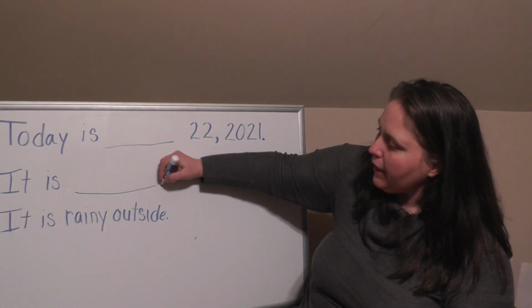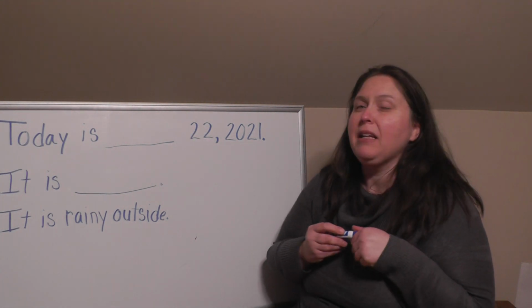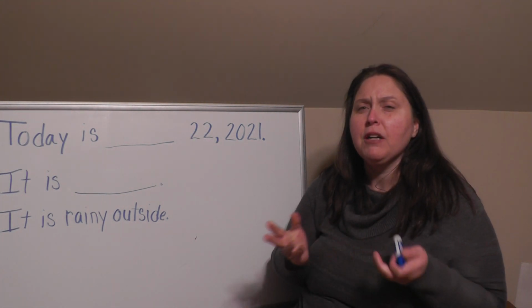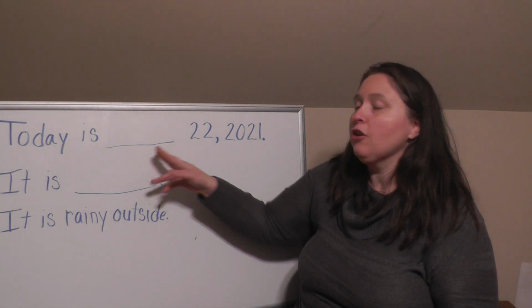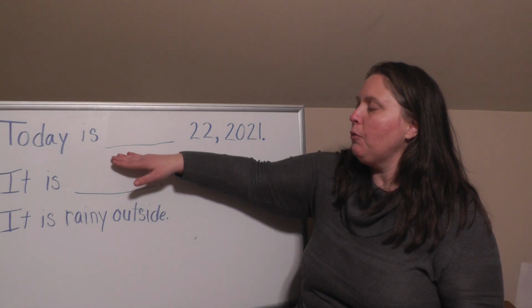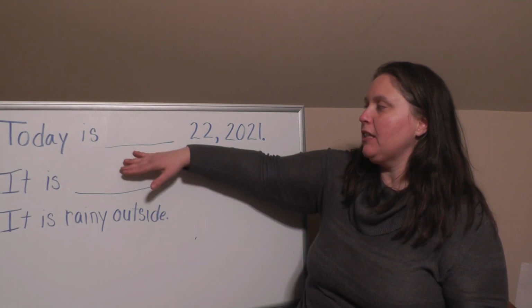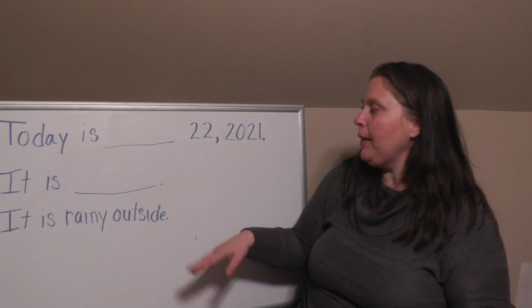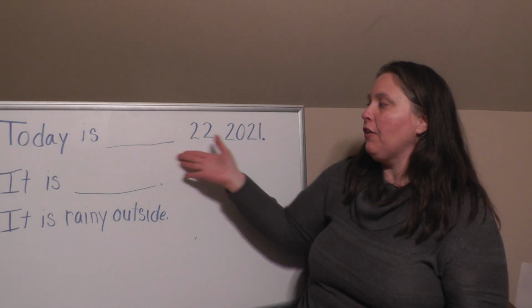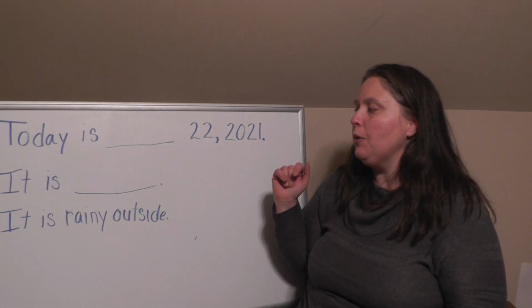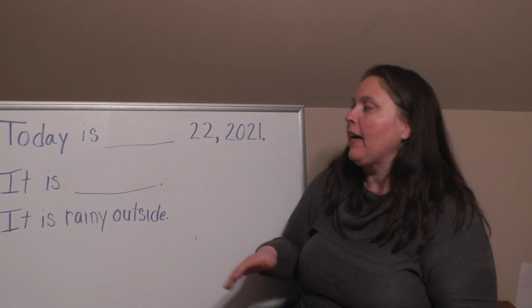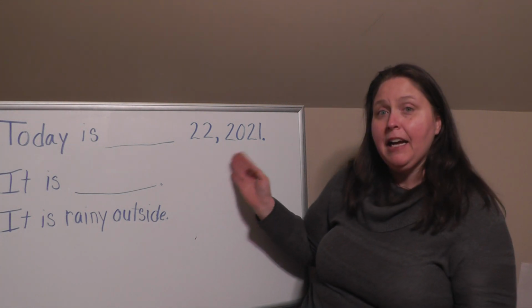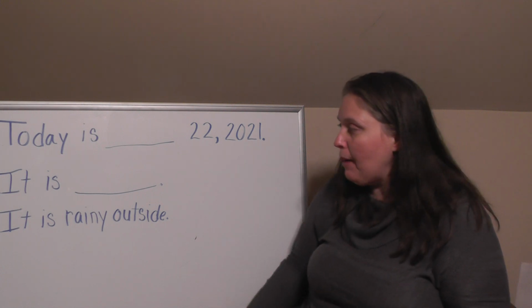Probably after maybe a month or so, you can tell when they start to get bored and need a change, and then you're going to want to change it up. You could take out the month and the day of the week. You could take out the date. You could take out the whole thing if you wanted to. You could take out the weather if you have weather words that you can practice. So this would be, to me, the next step.